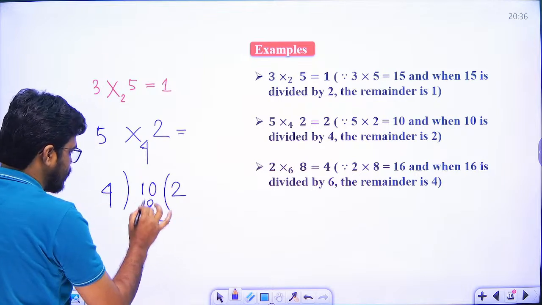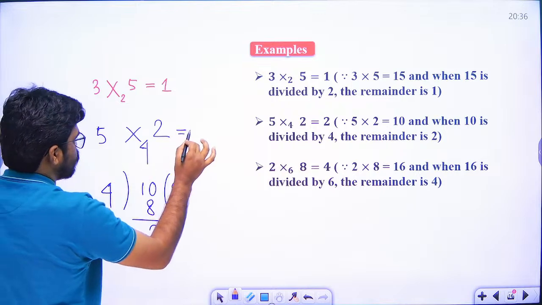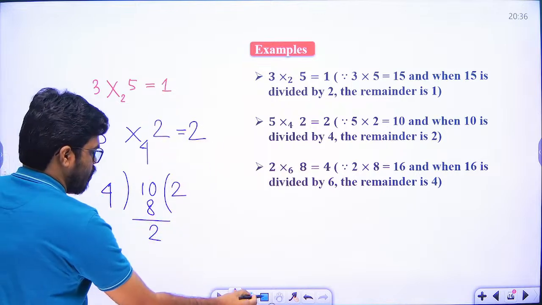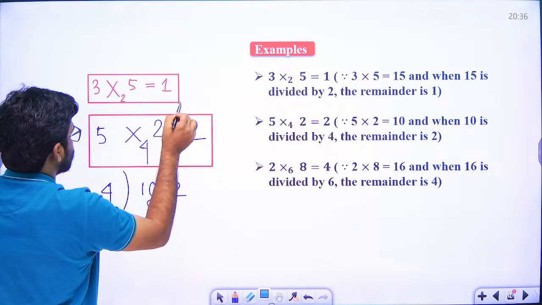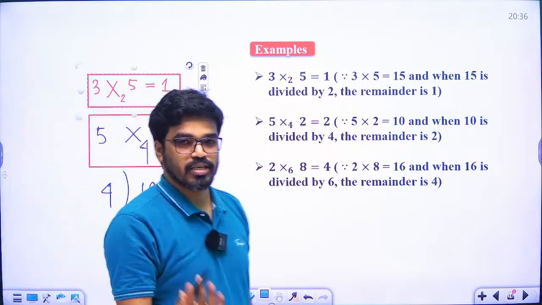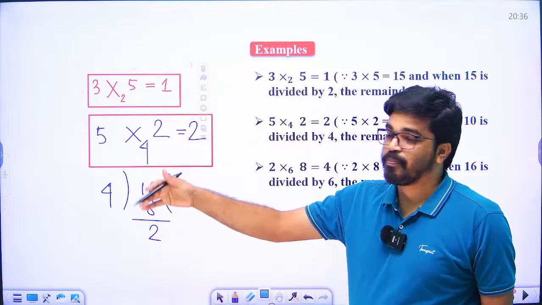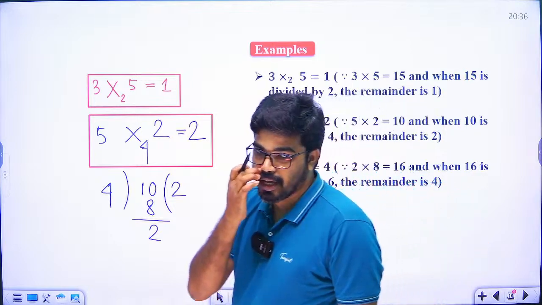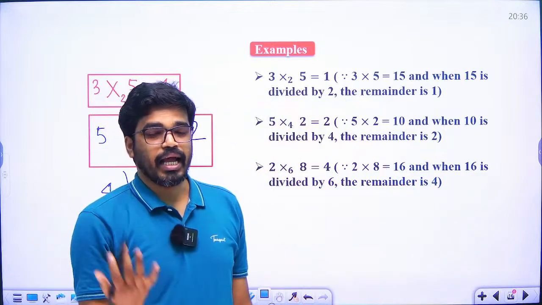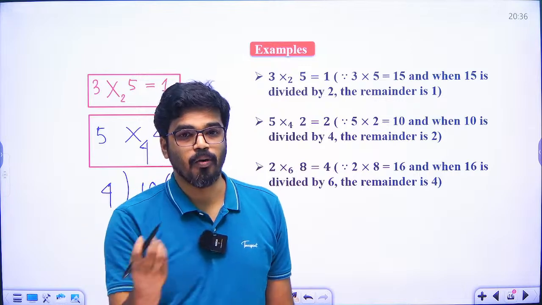What is the remainder? The remainder is 2, so 5 into 2 will be 2. So this is the concept of multiplication modulo. Okay, so this is the modular system. One is addition modulo and another is multiplication modulo.